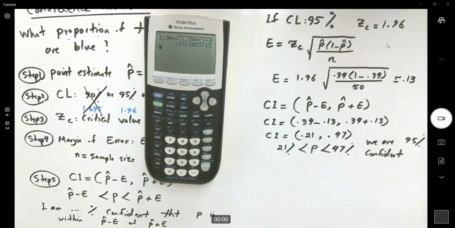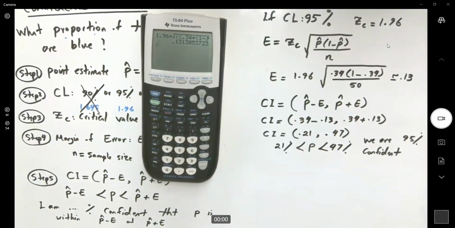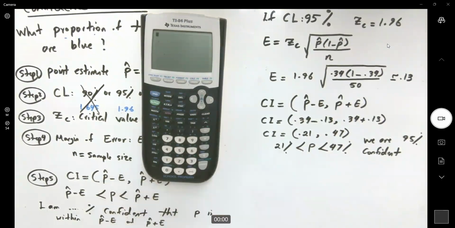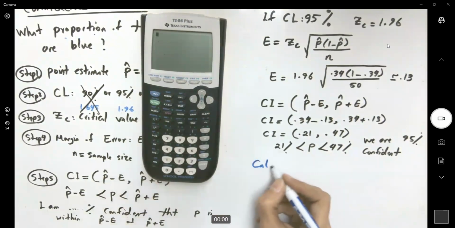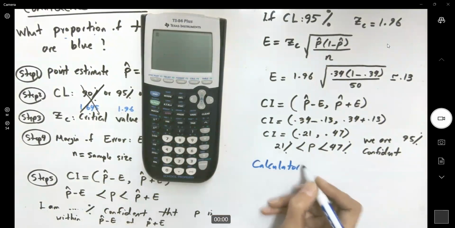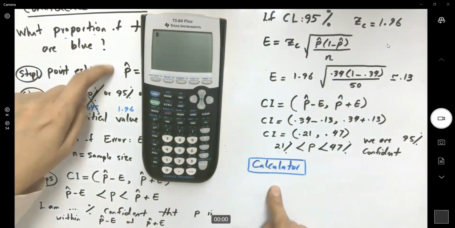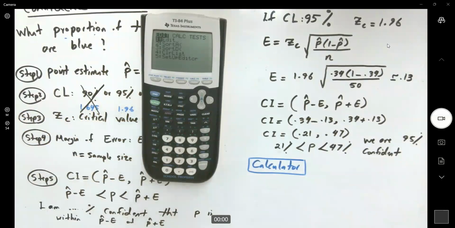Well, I'm going to use the calculator to get a much better approximation for this confidence interval. It's always helpful to use technology. So calculator. Very well. To find the confidence interval for the proportion, we click on stat.